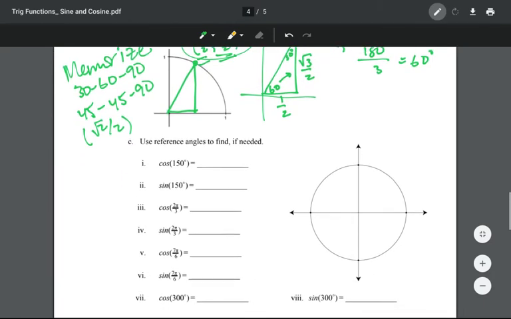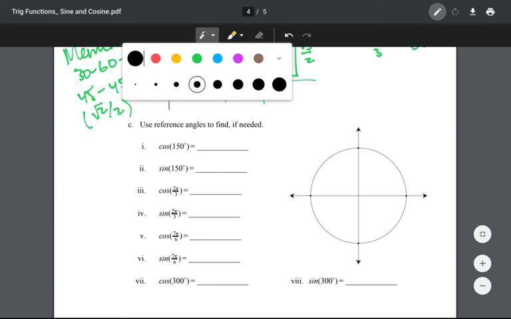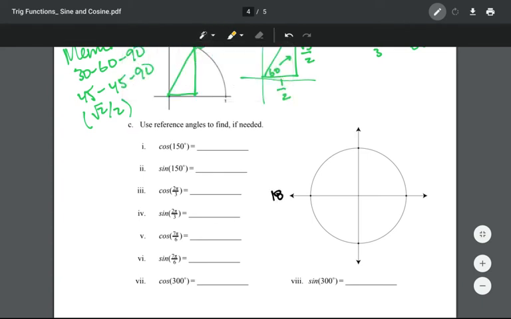Okay, so now we want to go ahead and find these and use reference angles if needed. You might want a piece of scratch paper if you're working along with me. I'm going to go ahead and draw each angle on the circle, and then I'll erase it so it doesn't get super messy. We want to start with 150 degrees. First, I'd like to think of everything in terms of either a half rotation or a full rotation.